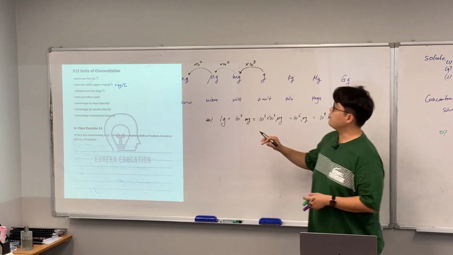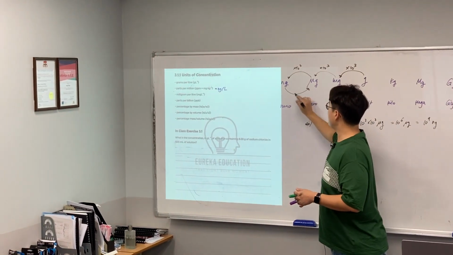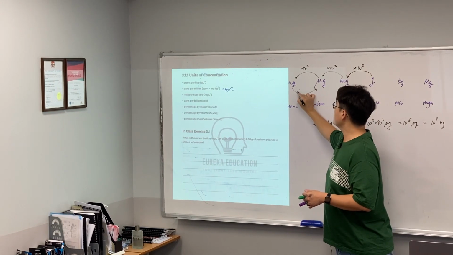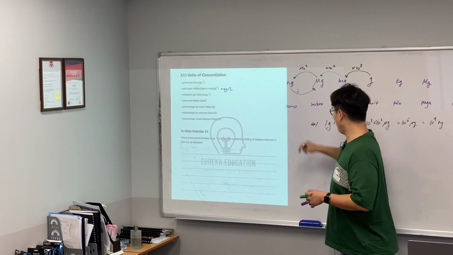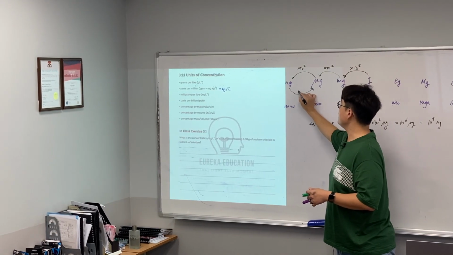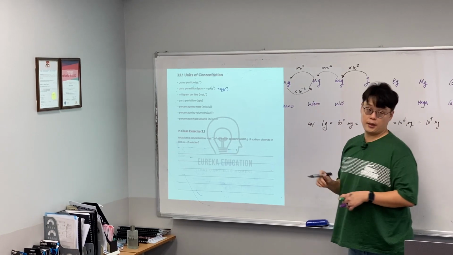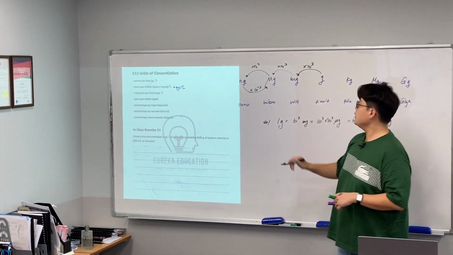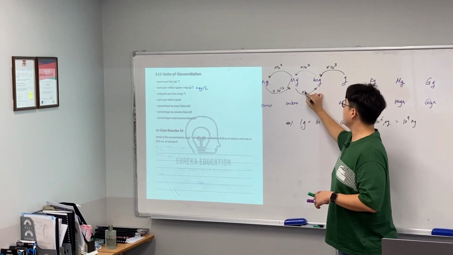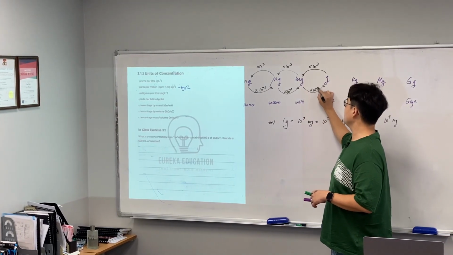Now, if you want to convert from the small to the big unit, you move in this direction. You can either divide by 1,000, or the simplest method is using the power of 10, times 10 to the power of minus 3, and the same method going back, minus 3 and times 10 to the minus 3.